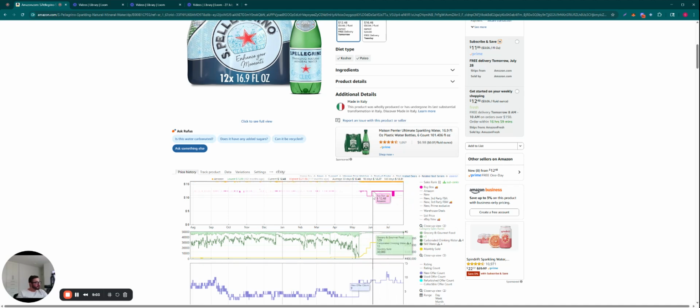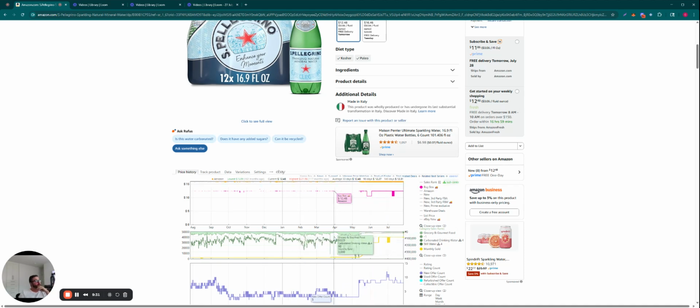Now, if I pick an item that is moving up and down all over the place, then I don't know where I might land in that buy box price. And so that might affect my profitability and it might make me lose money because I'm not going to have a stable price. It's just like stocks or anything else, right? If it's very volatile, sure, you could have crazy wins, but it's going to be inconsistent. And we don't want to build your business off of pricing and inventory that's inconsistent.